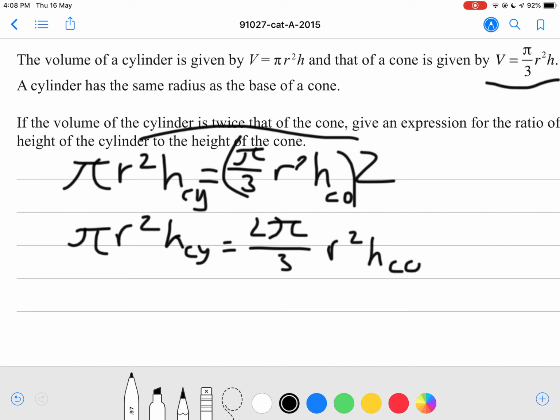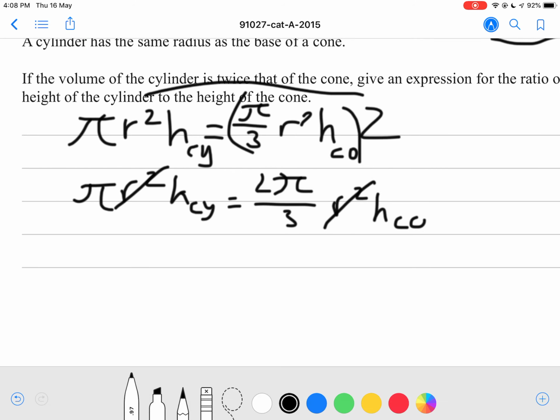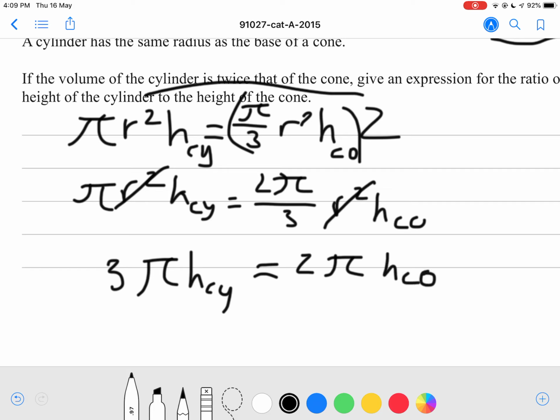The r squared cancel each other out because r squared divided by r squared is 1, so that's gone. If we move the times 3 to the other side, 3 pi h of cylinder is equal to 2 pi h of cone. The pi's are gone because they cancel each other out. So 3 height of cylinder is equal to 2 height of cone.